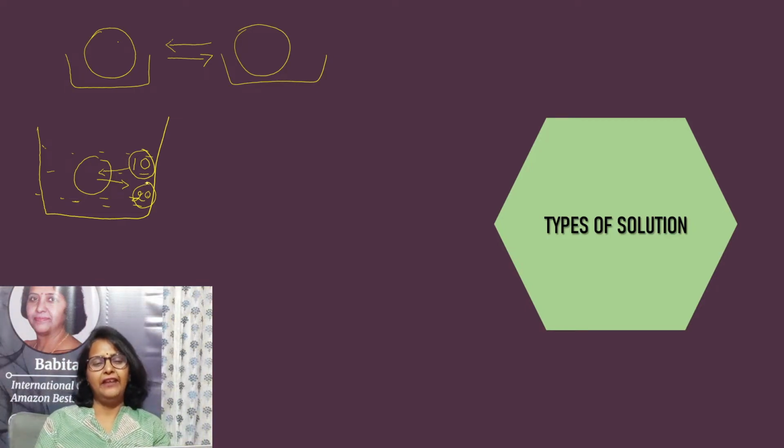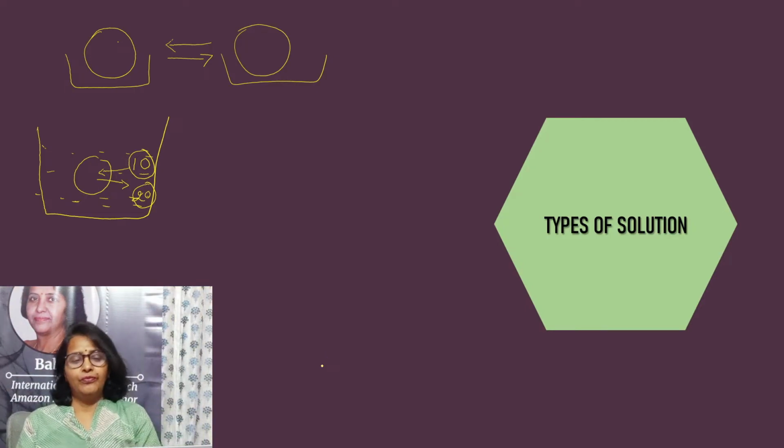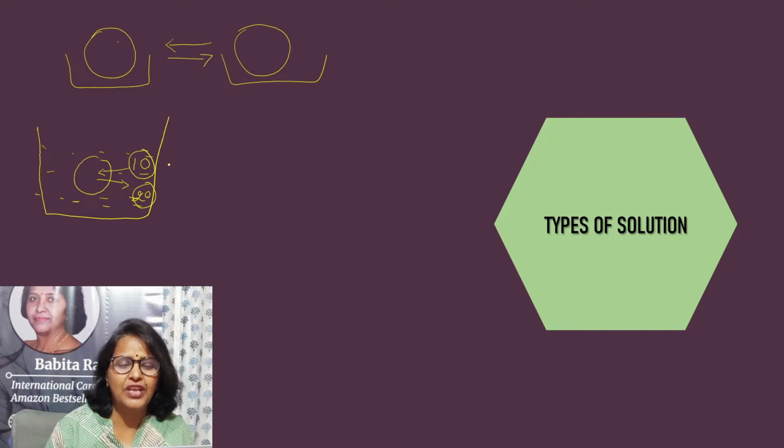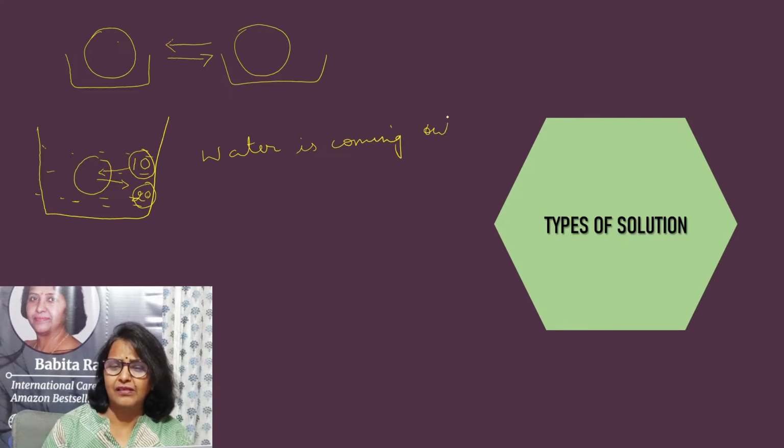What will be the end result? More molecules of water have come out of the cell, so the net result is water is coming out of the cell. So this process will be called exosmosis.